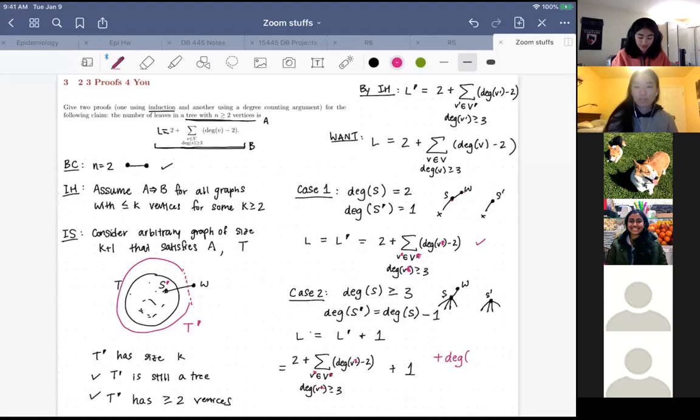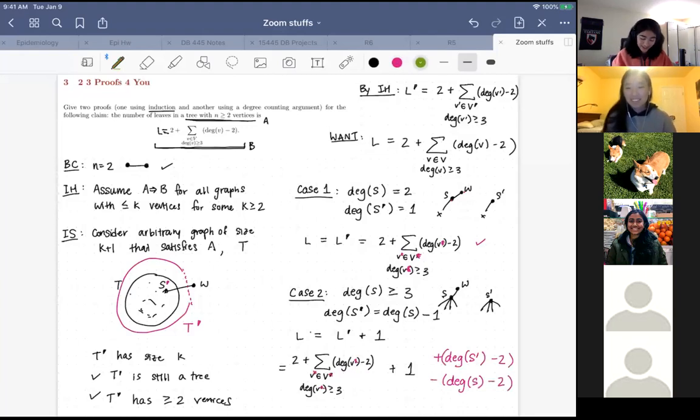So we lost the degree of S prime minus 2. The minus 2 is just like this summation right here, but this term in the summation for S prime. That's what we lost. And what we accidentally gained was the degree of S minus 2. So if I add back what we lost and subtract what we accidentally added in, now the equality still holds. And the nice thing about this, maybe you've already noticed, is everything happens to cancel out now.